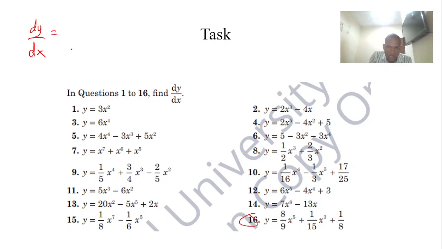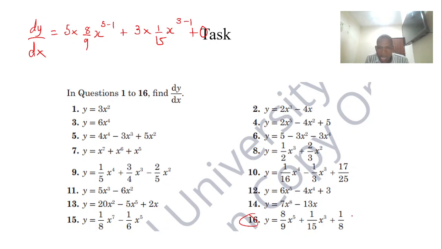The same way, you bring the 5 to the front, so it's now multiplying 8 over 9. You have your x to the power of 5 minus 1, then plus, you have 1 over 15 x cubed. That 3 comes to the front, times 1 over 15, x to the power of 3 minus 1. Then plus 0.